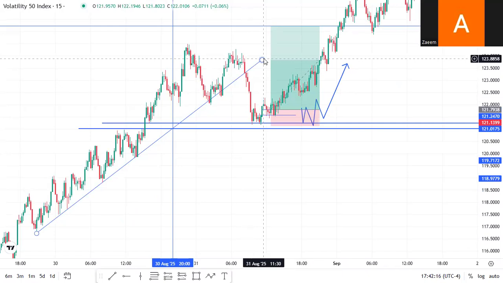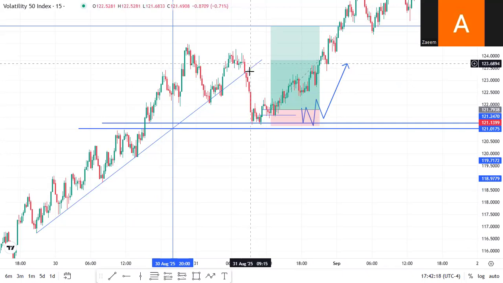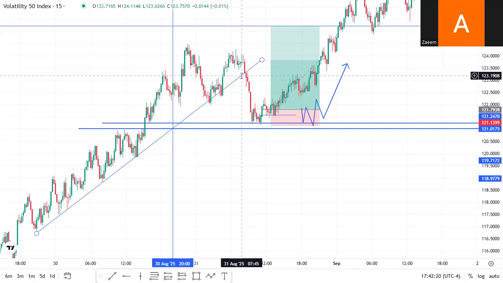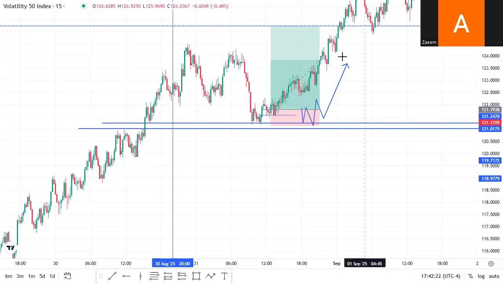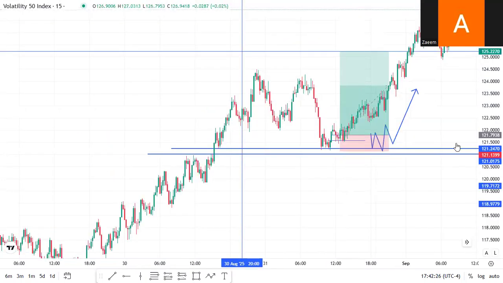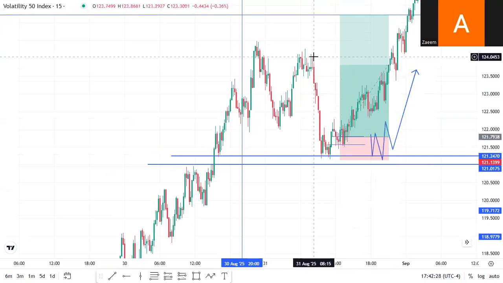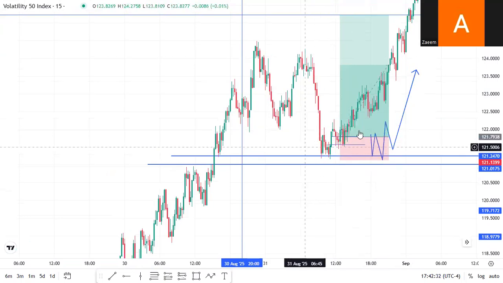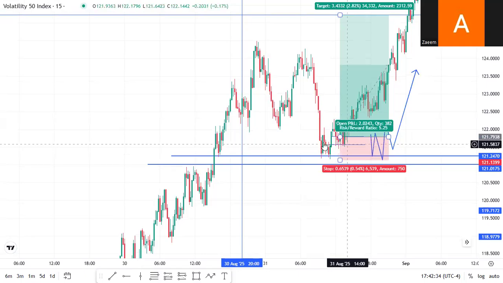What I'm looking at is that what we are seeing now really gives me more confidence to buy from here. And not a lot of people will buy from here, right? Comparing to the move to the downside, many of you will be afraid to buy from here. That is what I want.